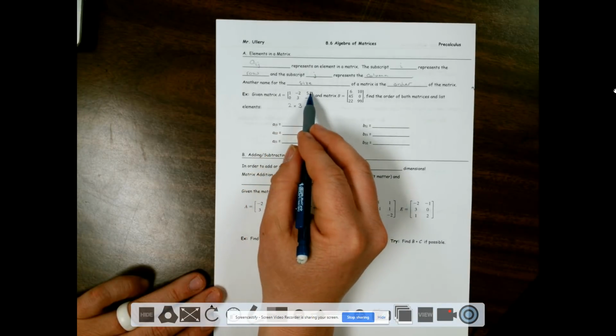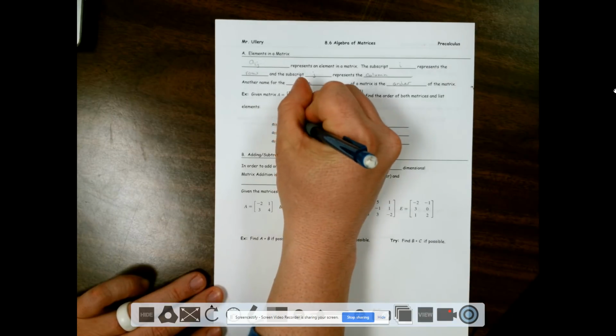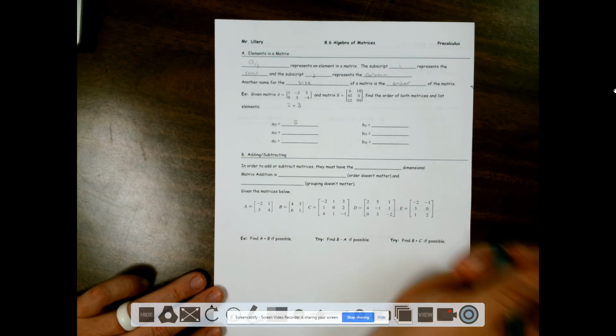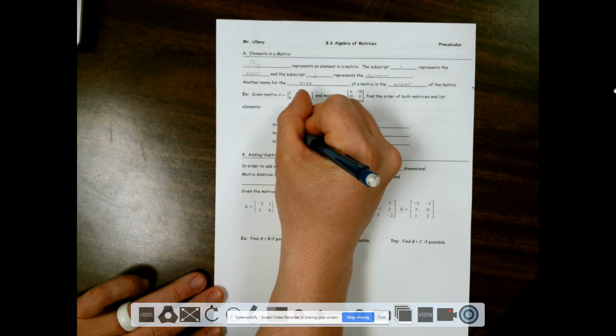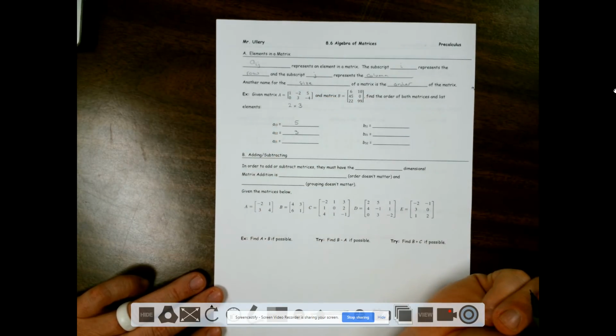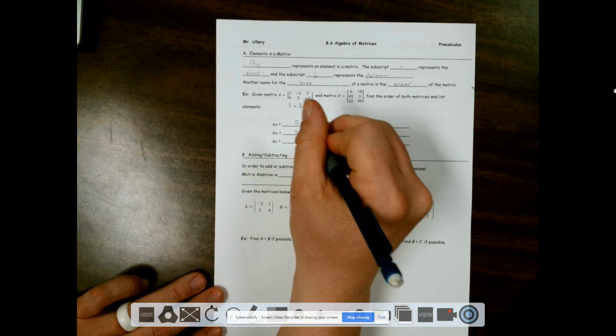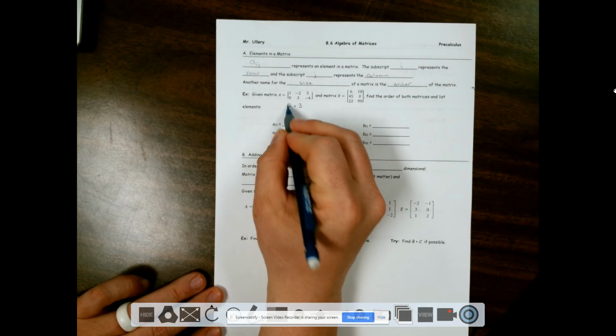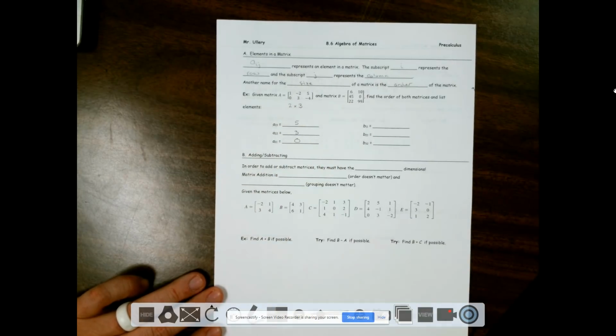Row 1, column 3, that is element 5. In matrix A, row 2, column 2 is element 3. In matrix A, row 2, column 1 is a 0.